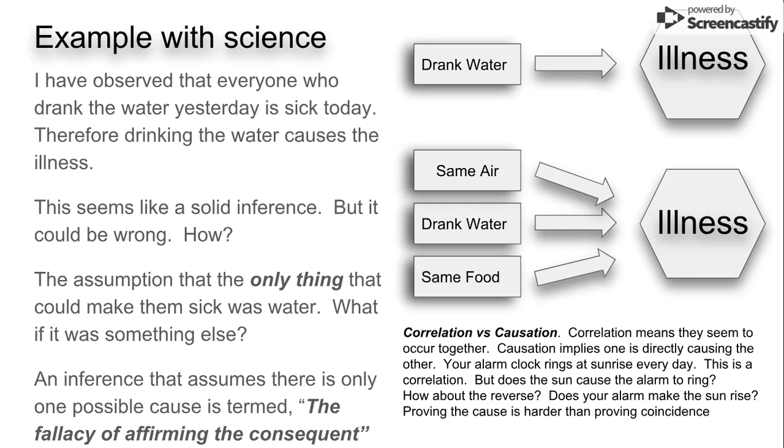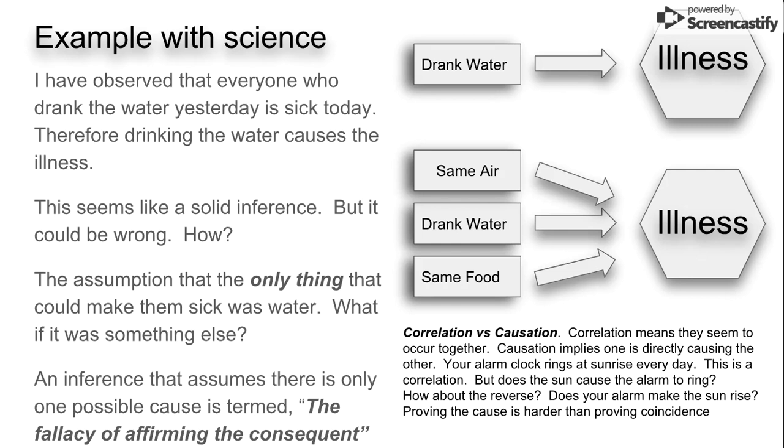The inference is, so the water is poisonous somehow. But what's wrong with this is it makes the assumption that the only thing that could make them sick was the water. Could it have been something else? Sure, these 3 things also were shared by everyone.